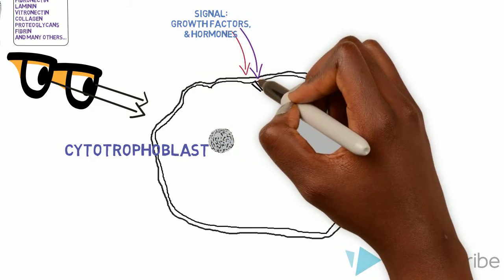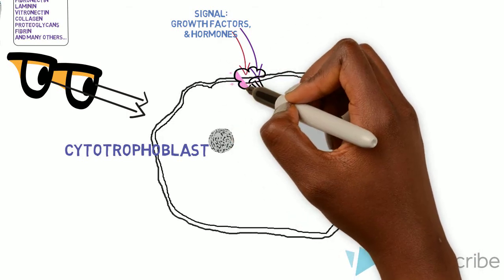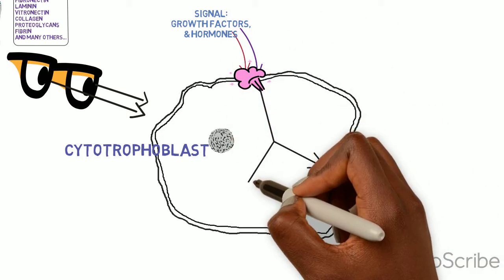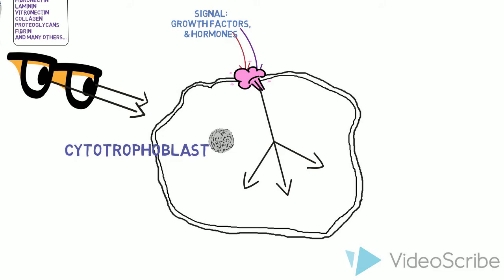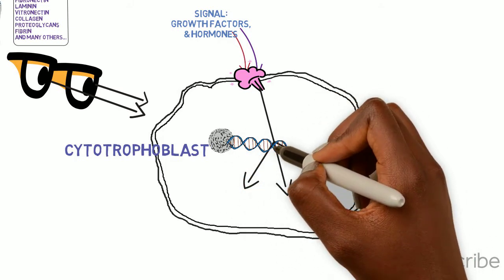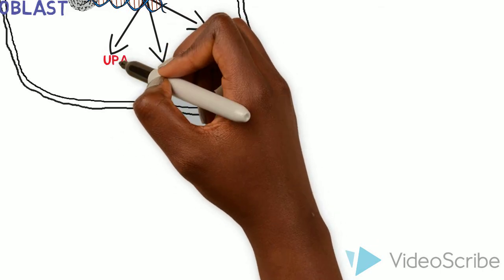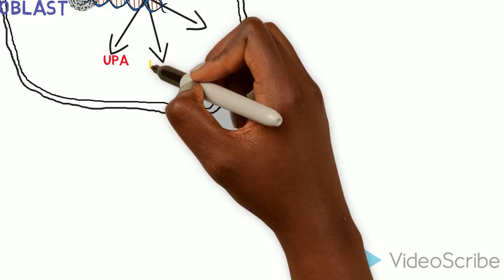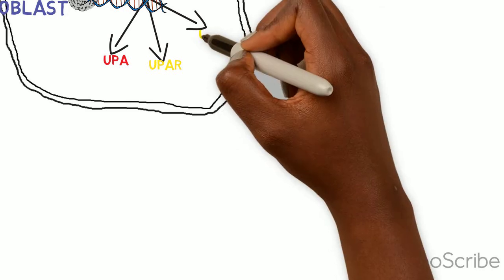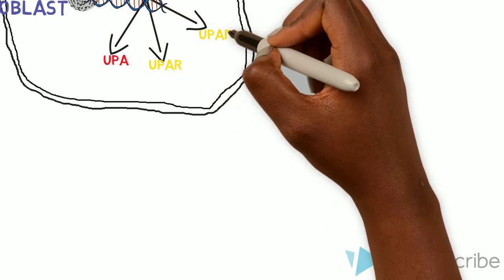These hormones will be amplified starting at the cell membrane, most likely by a G-coupled receptor that will eventually reach the nucleus and induce transcription of UPA, which is the urokinase plasminogen activator, and UPAR, the urokinase plasminogen activator receptor.